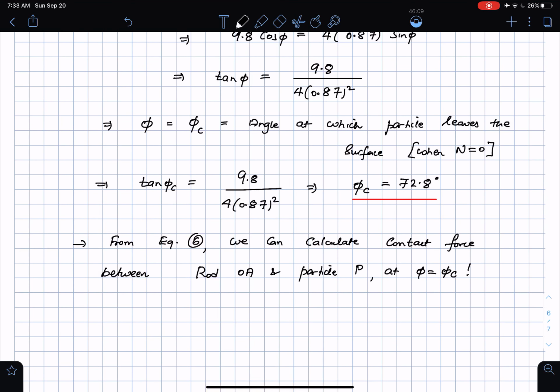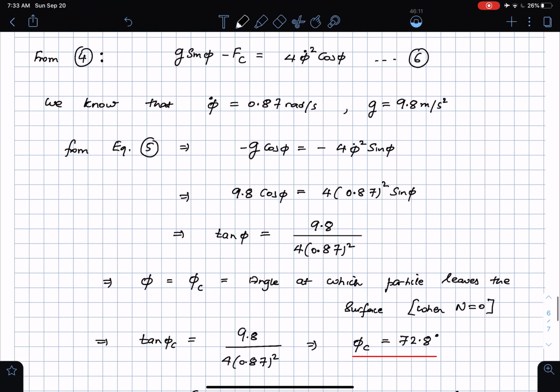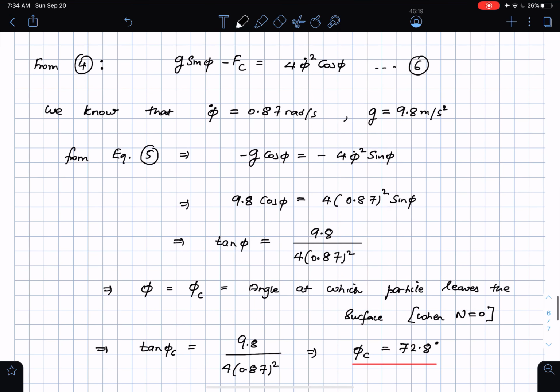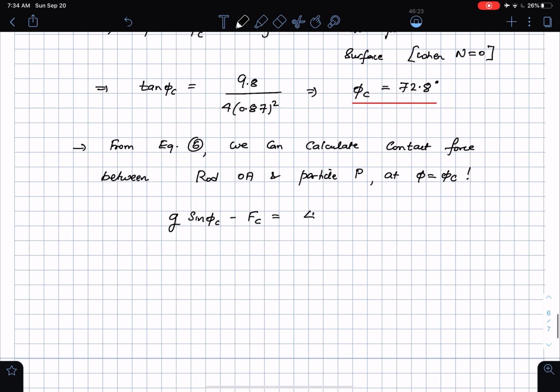And what is that going to be? If I go back here, I have g sine phi, which is now phi c, minus Fc, equal to 4 phi dot square cosine phi c. This is from equation 6, which means Fc is g times sine phi c minus 4 phi dot square cosine phi c.